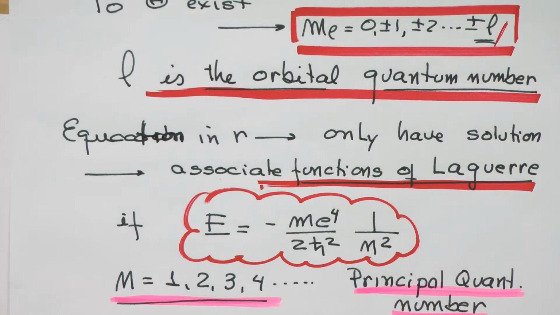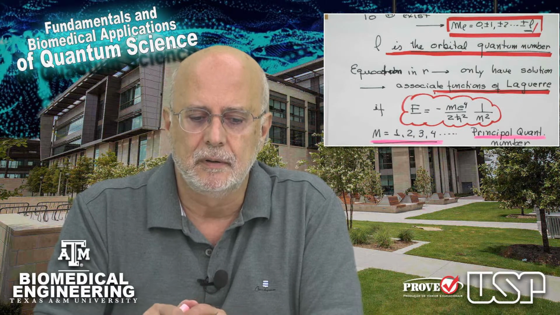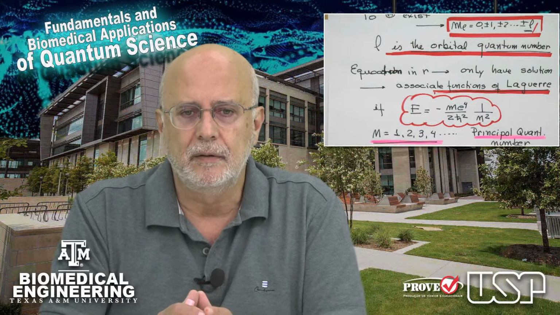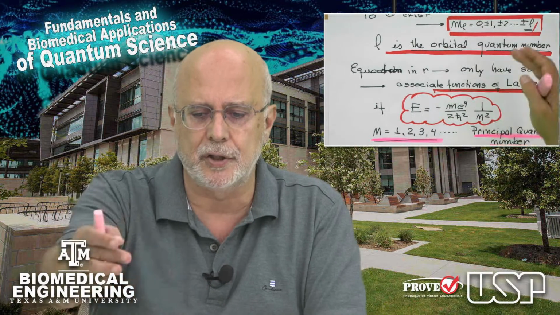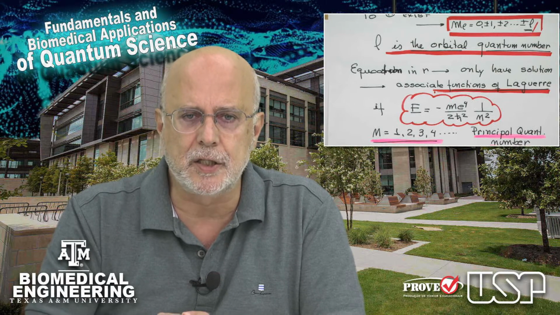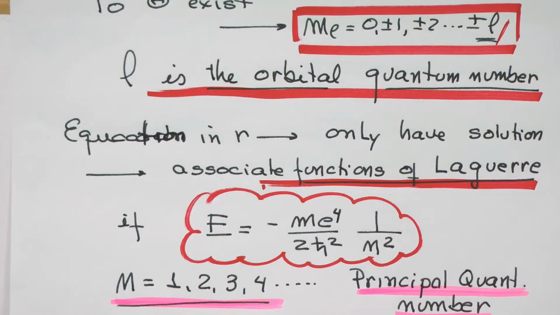So you see, we got three different numbers, integer numbers, that determine the solution. And those are quantum numbers because they vary by integers. Each collection of those numbers determine one function, which is what we call one state for the atom.